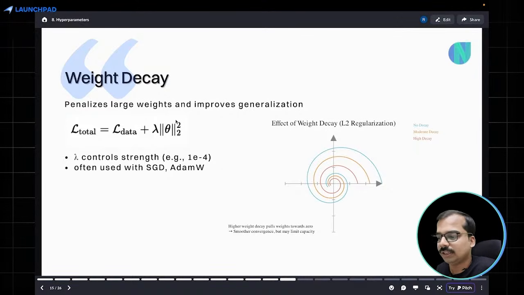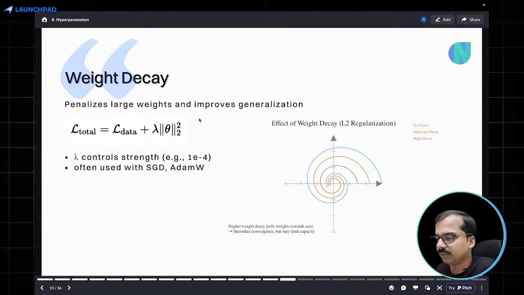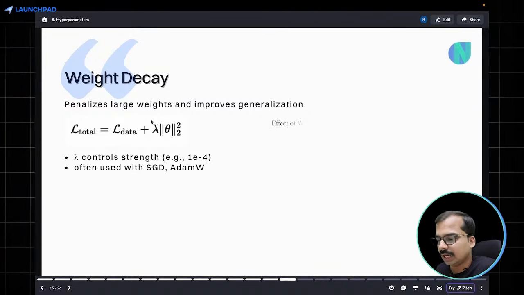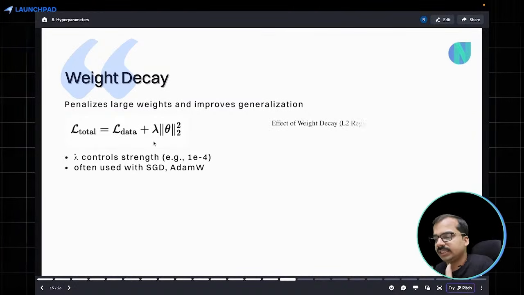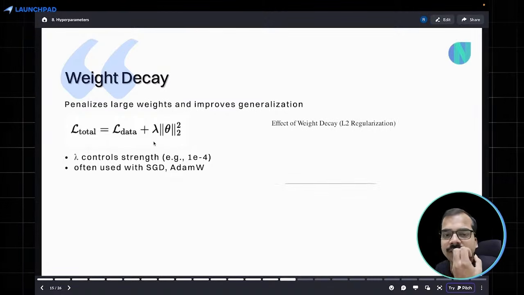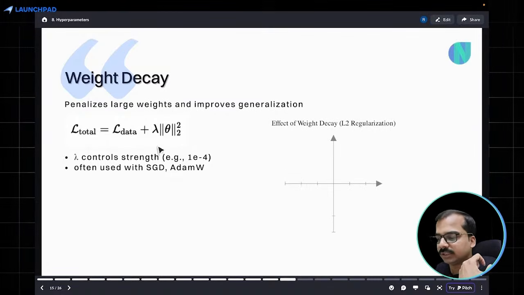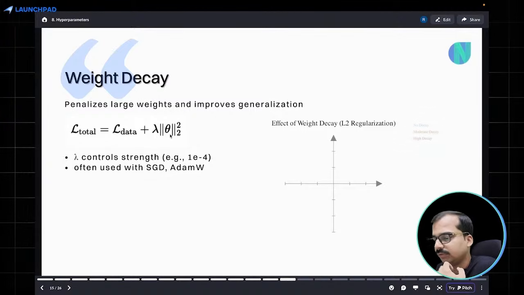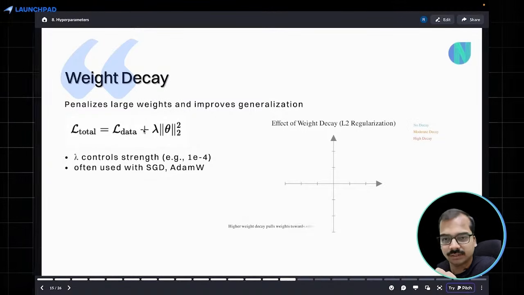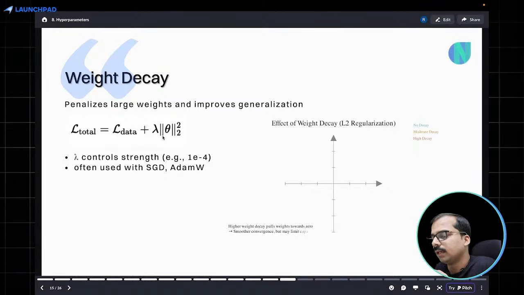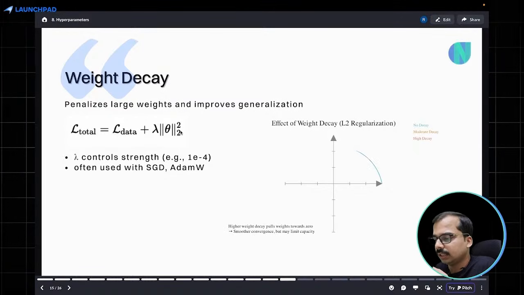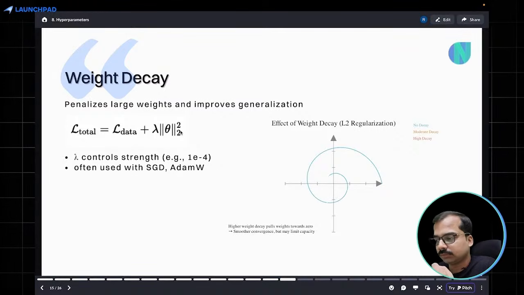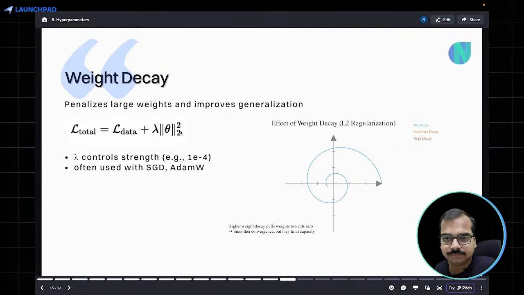This is known as L2 regularization, because we are doing weight square, and lambda is the regularization parameter. It basically says how much importance should be given to this regularization term. So if you have a larger lambda, more focus will be given here and less focus over here, and vice versa. This in turn allows your system to prevent overfitting.